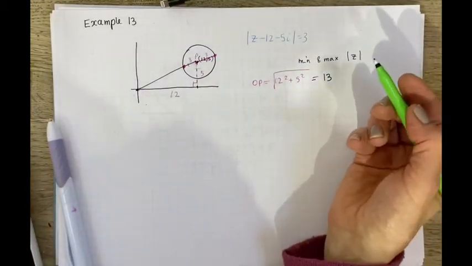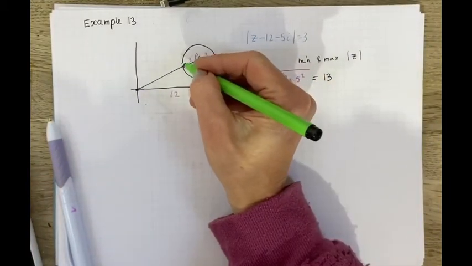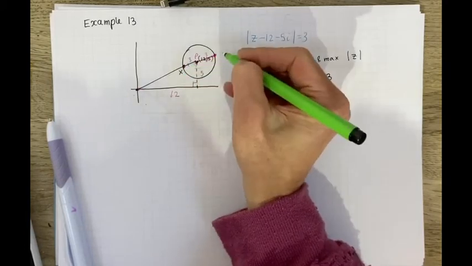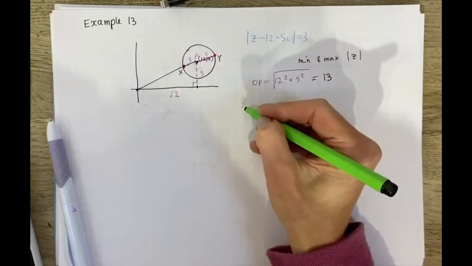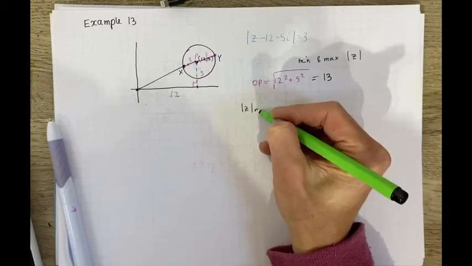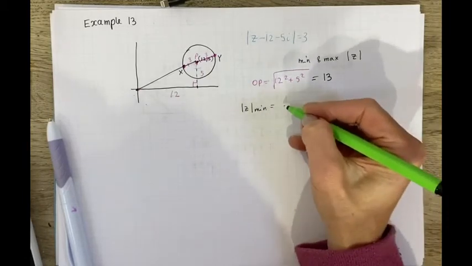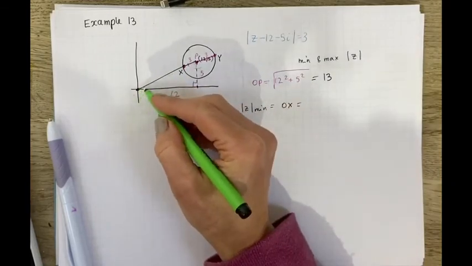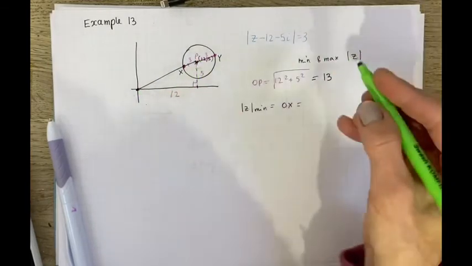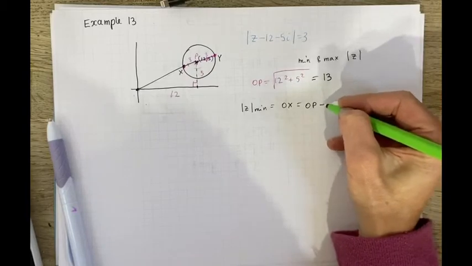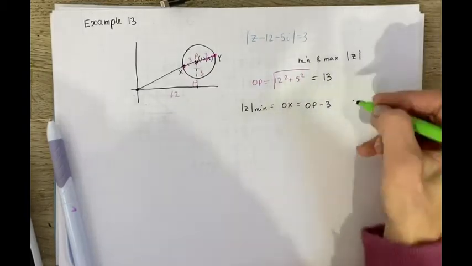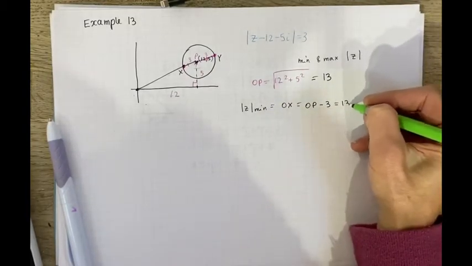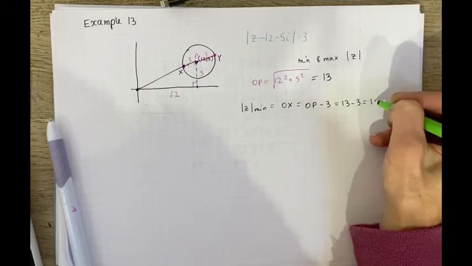So the rest is really easy. So the shortest distance here, let's call that point x, and that's y. So min is going to be the length of the line OX. This is simply the distance from the origin to the point P minus radius. So it's 13 minus 3, which is 10.